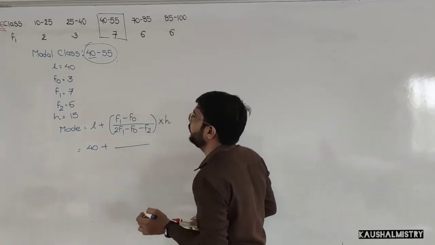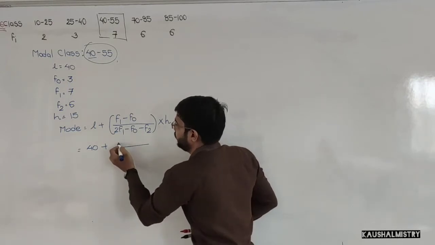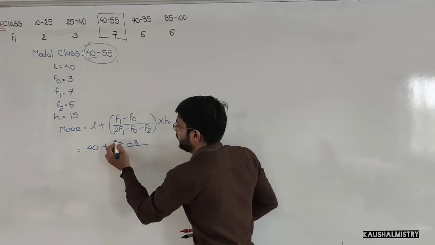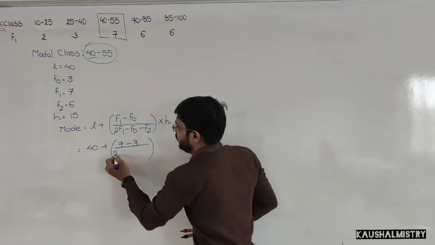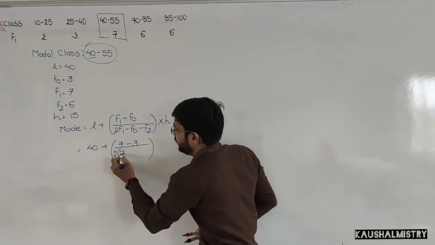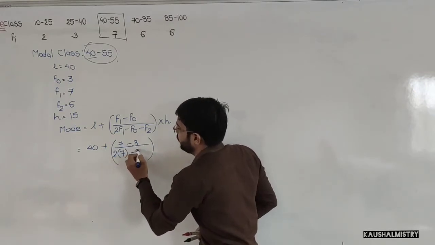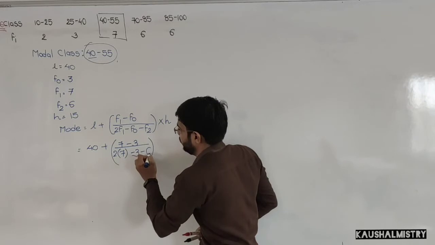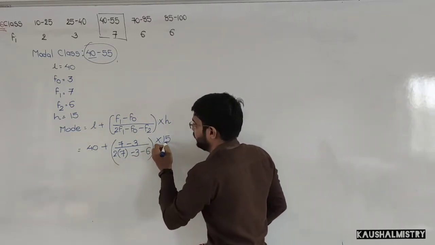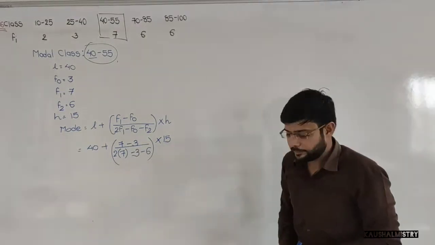F1 is equal to how much? F1 is equal to 7. F0 is equal to 3. 2 in the bracket, F1 is equal to 7, F0 is equal to minus 3, and F2 is equal to minus 6. And H we can see that is 15.